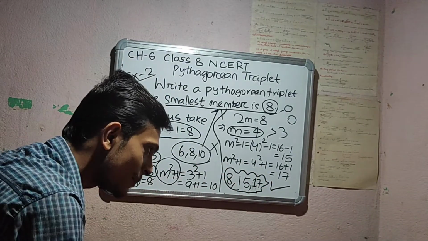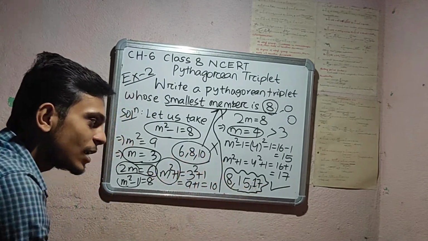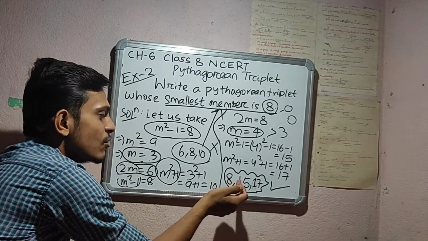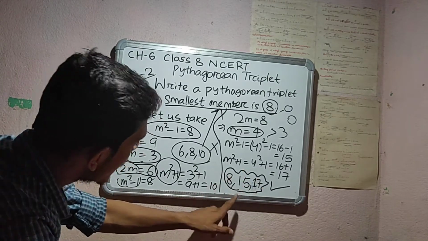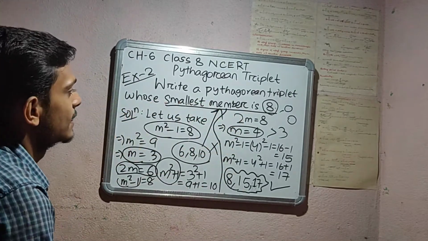This is one triplet. In this, 8 is the smallest member. Out of these three, 8 is the smallest. So 8, 15 and 17 is the triplet whose smallest number is 8.